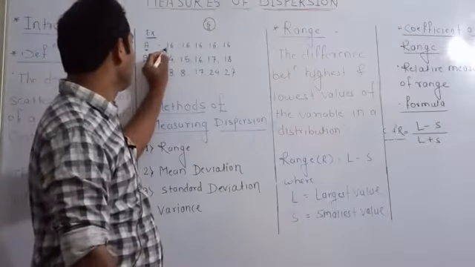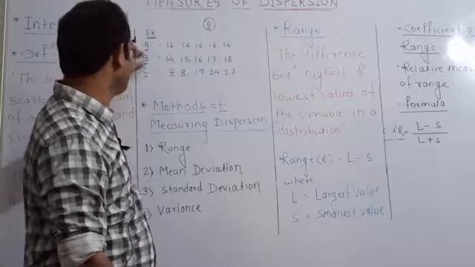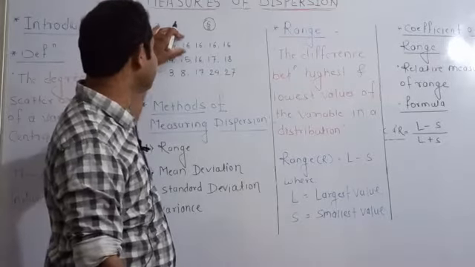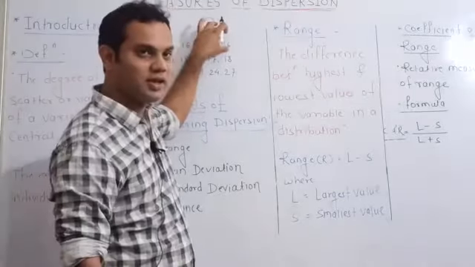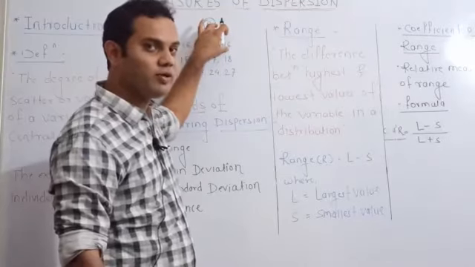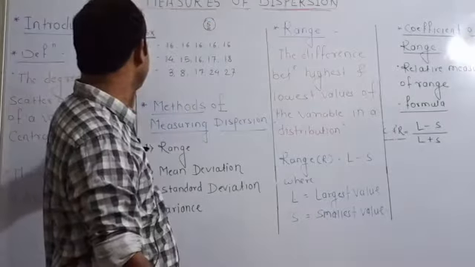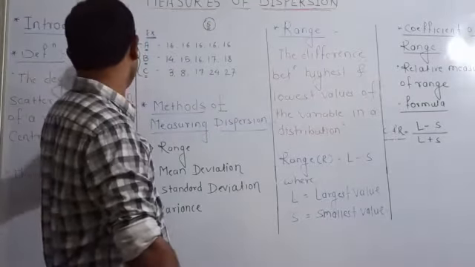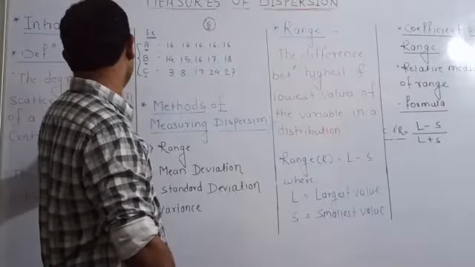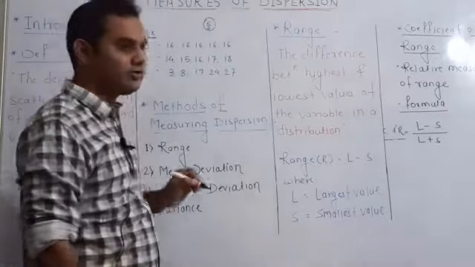For example, here three different types of data sets are there: 16, 16, 16, 16, 16. If we want to find the mean for these three data sets, how are we going to find the mean?